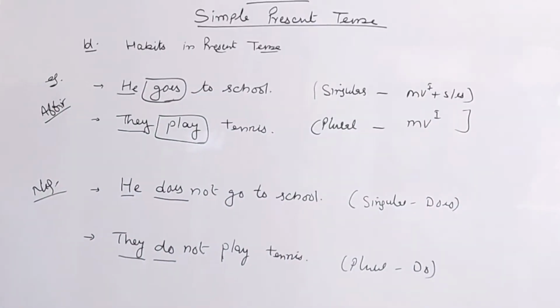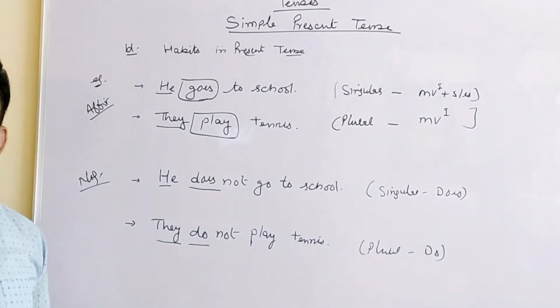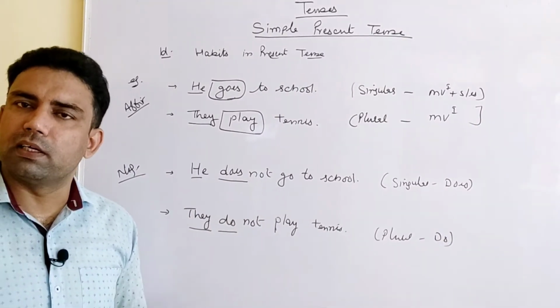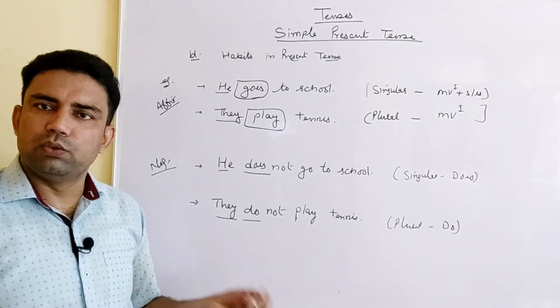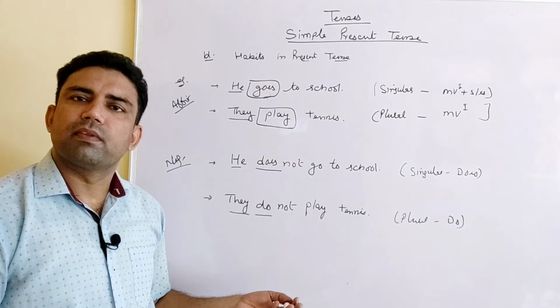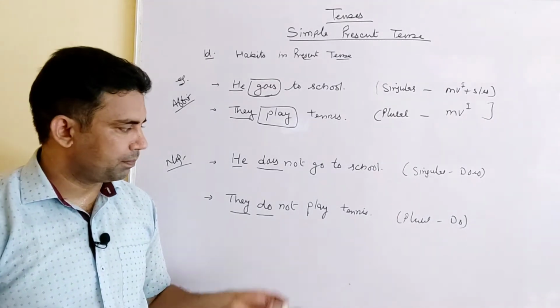Or you can simply say that we are using do as a helping verb and we are putting s or es with singular subjects. Do plus es becomes does, right? Easy trick to remember: use do when we have singular, put es with that, it becomes does. When it is plural, it is the same.